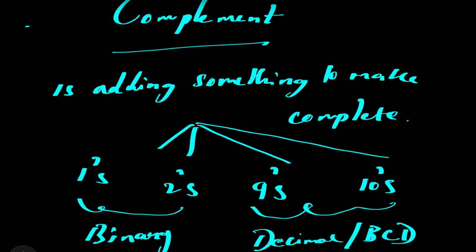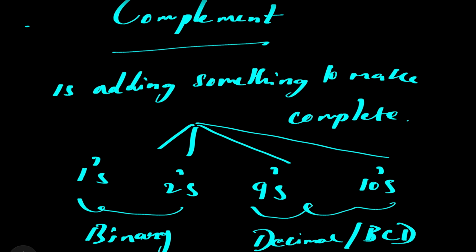So just remember, complement is adding something to make it complete. Ones and twos are meant for binary, nines and tens meant for decimal and BCD.